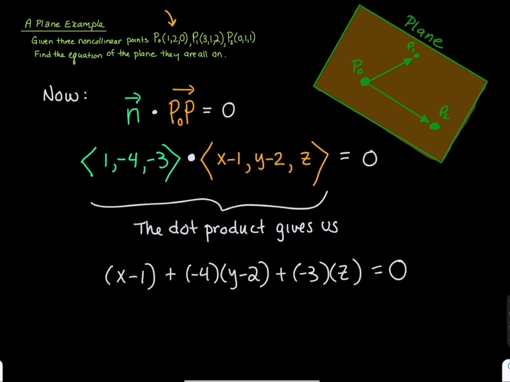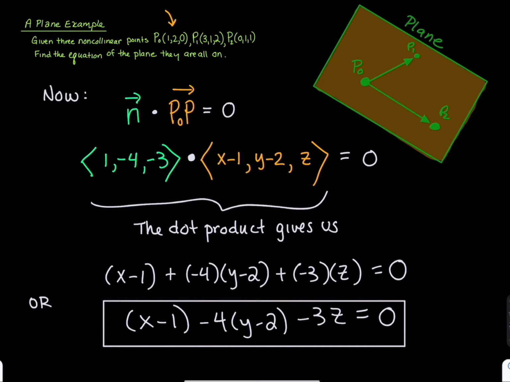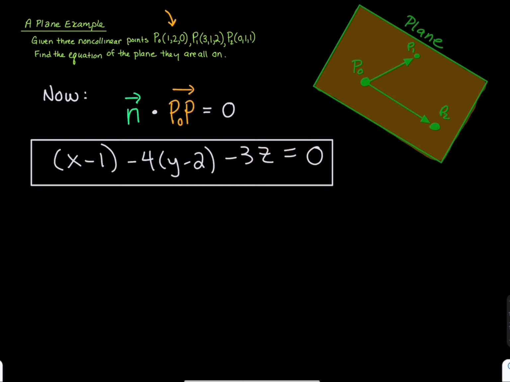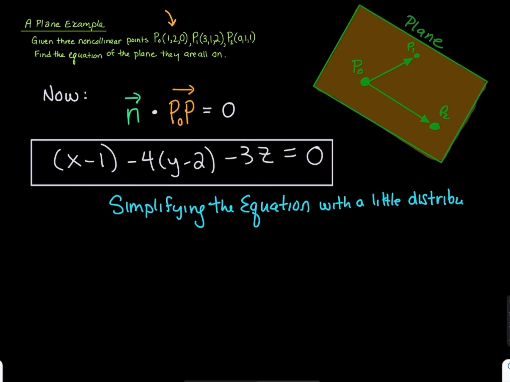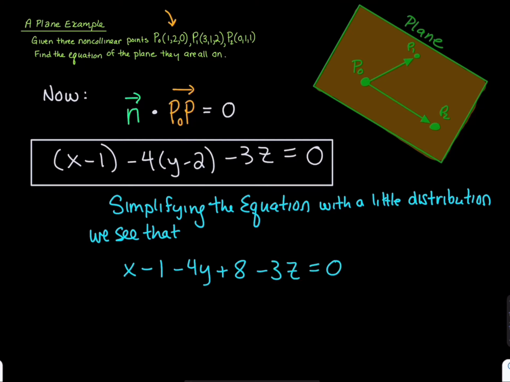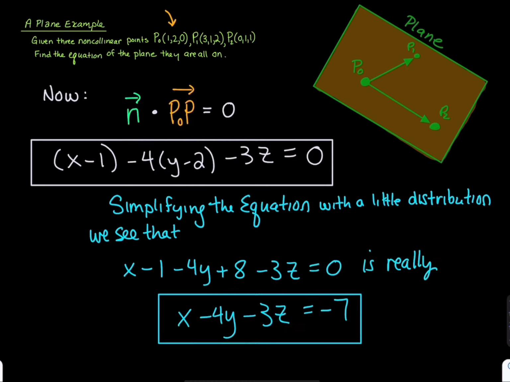And with a little bit of simplification, we get the form of the plane here, which looks similar to what we found earlier, but we're going to have to do a little bit more simplifying to make sure that it's exactly the same plane we described earlier. So using the distribution property, we will wind up getting the plane that we found before after collecting like terms. So that's our equation.